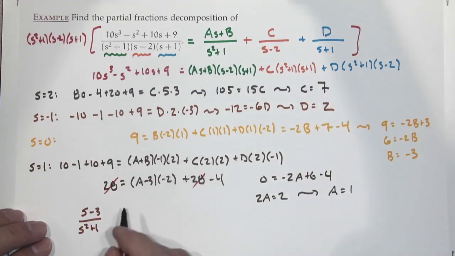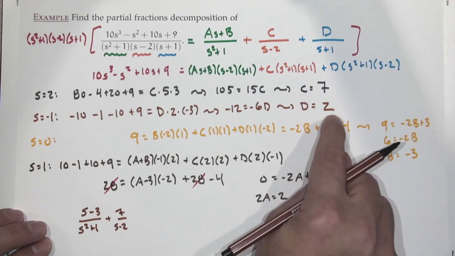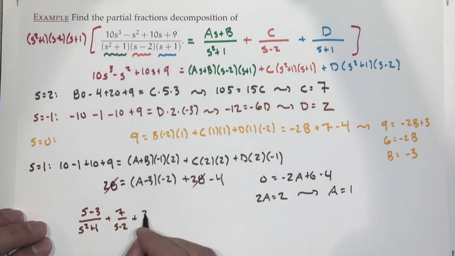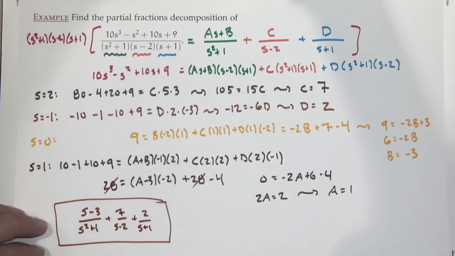Then plus C, which is 7, over s minus 2, plus D, which is 2, over s plus 1. Okay, so there's our partial fractions decomposition. Oh, good, good. All right, any questions about that?